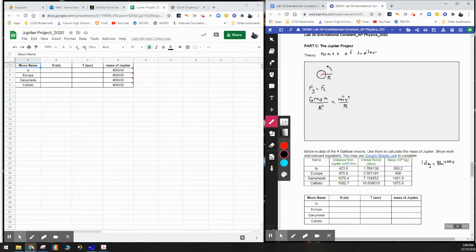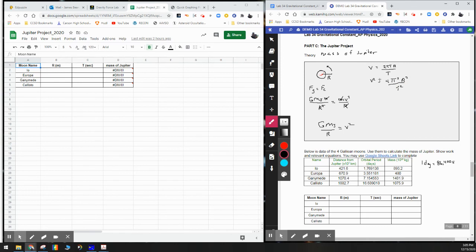Now look closely. This is gone, that's gone, this is gone, as well as that. So what's left is big G times the mass of Jupiter, divided by R, equals v squared. Now recall v is 2 pi R over T. So v squared, be careful now, is 4 pi squared R squared, all divided by T squared.